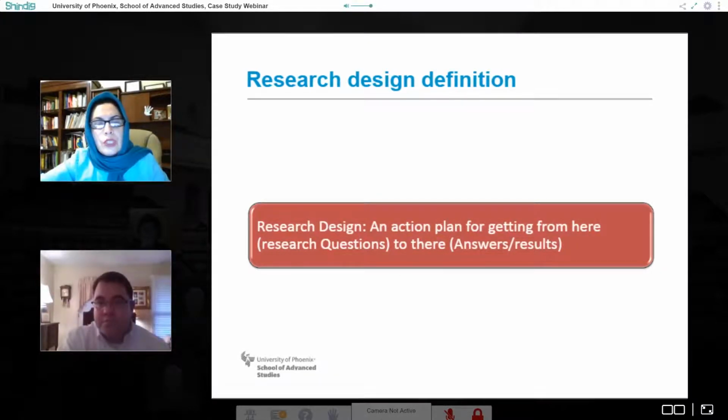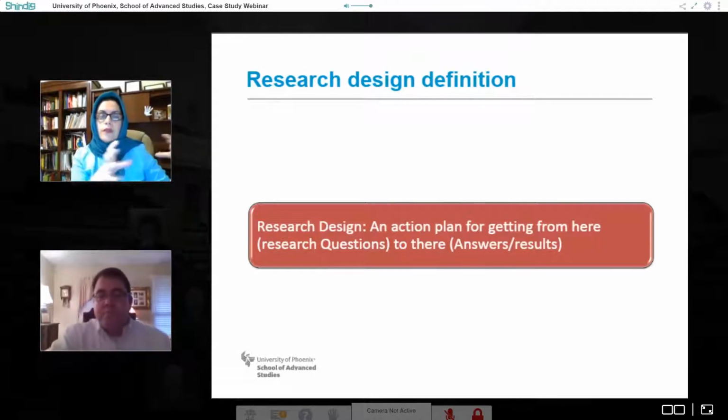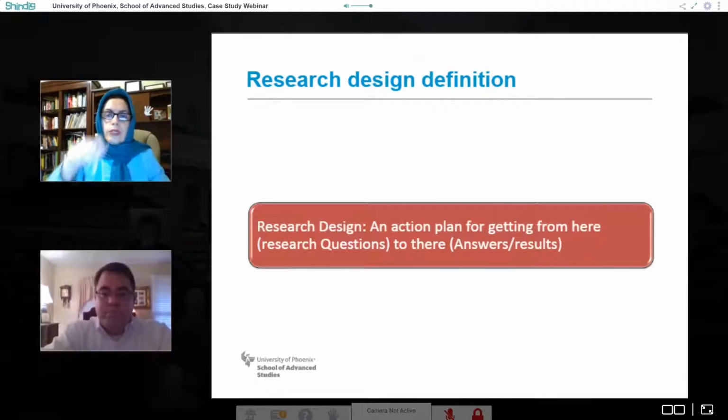Now switching to the design, I wanted to first explain what I mean when I talk about research design. We are talking about an action plan, the action plan that takes us from the research questions to our results. So it's a really procedural plan that we need to use for case study.